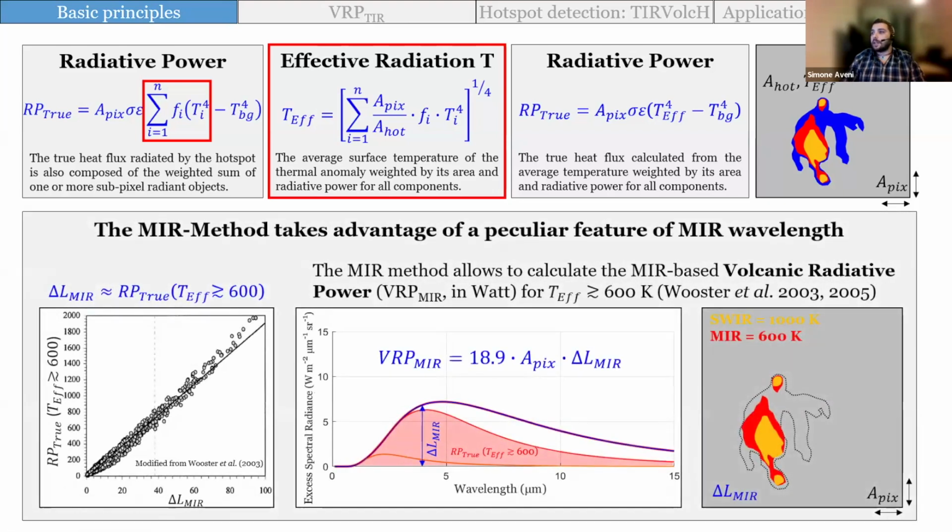So the MIR method takes advantage of some features of the mid-infrared channel and allows us, by relating the radiative power with the excess of mid-infrared radiance, obtaining this relationship that indeed enables us, without having to know the temperature and the area occupied by all these components, to obtain a number, and that number is indeed the radiative heat flux produced by that thermal anomaly.